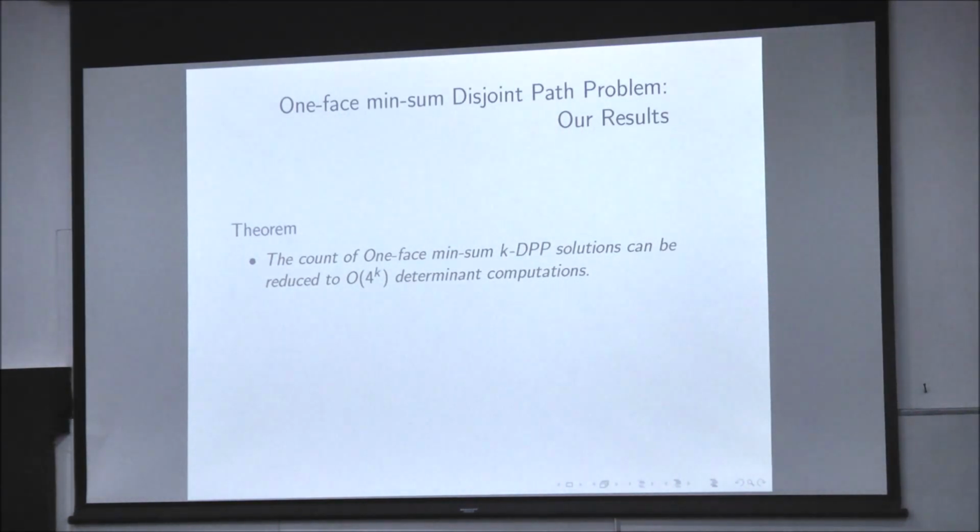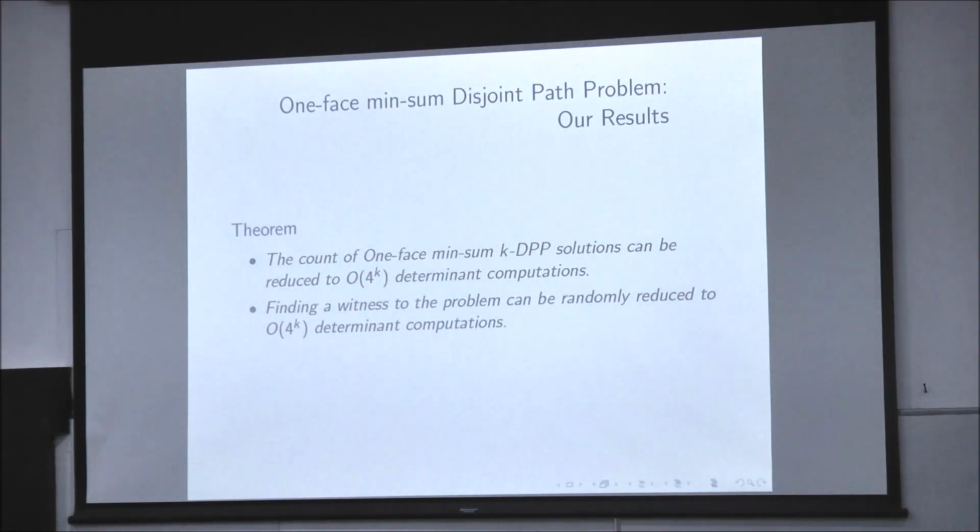And this is a deterministic reduction. On the other hand, finding the witness to the problem, that is finding the k paths, can be done using a randomized algorithm which uses the isolation lemma, which we have seen several times in the workshop.